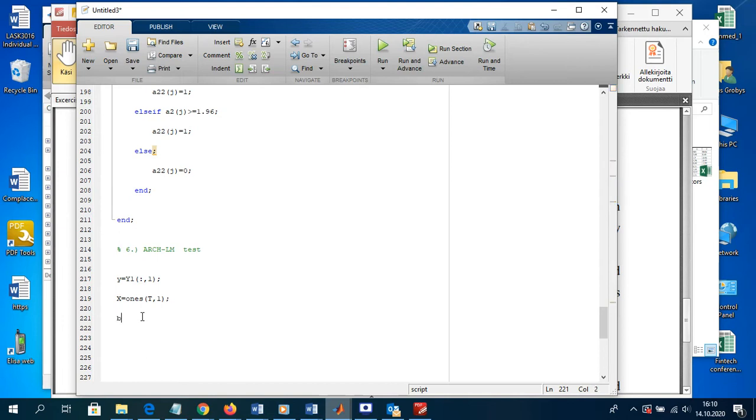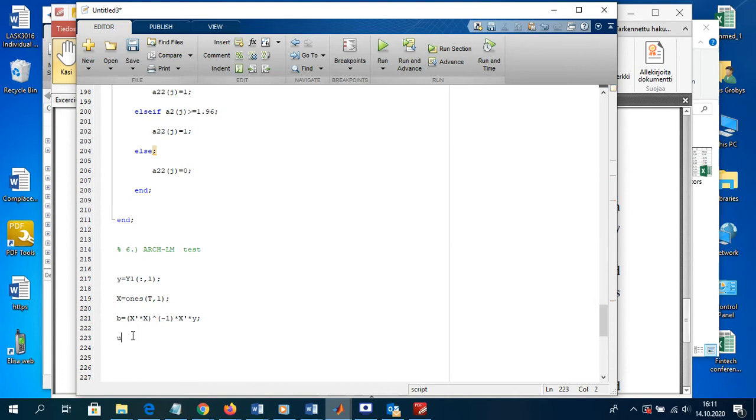So then our beta is given by the standard formula again, X transposed X, inverted, times X transposed times y. So what we do is we just regress the excess returns on a vector of ones.